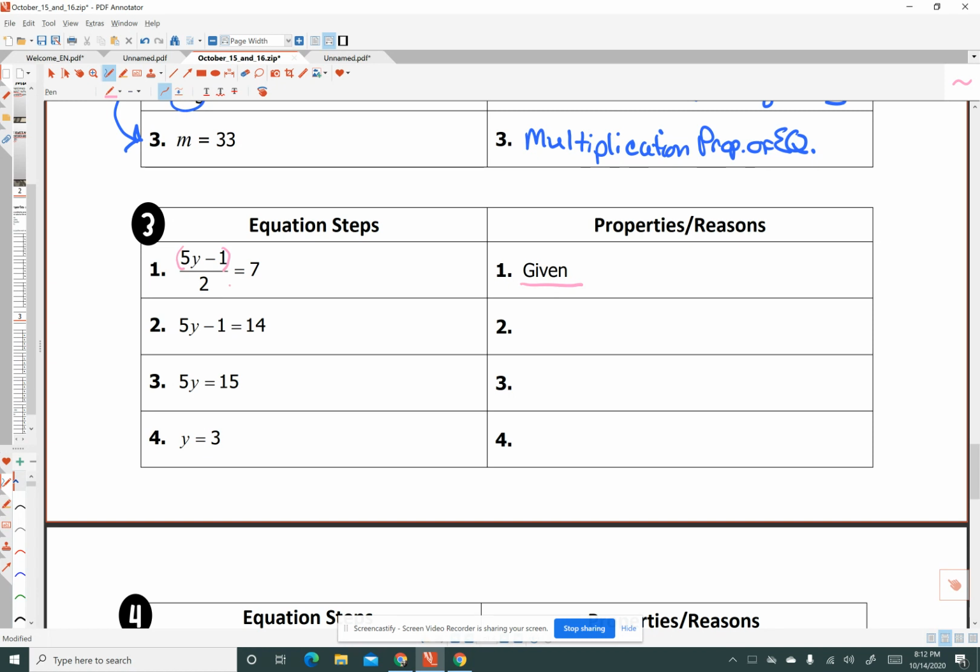And the first thing we did is we want to deal with this fraction, right? So we multiplied both sides by 2. So to get from step 1 to step 2, we use the multiplication property of equality.